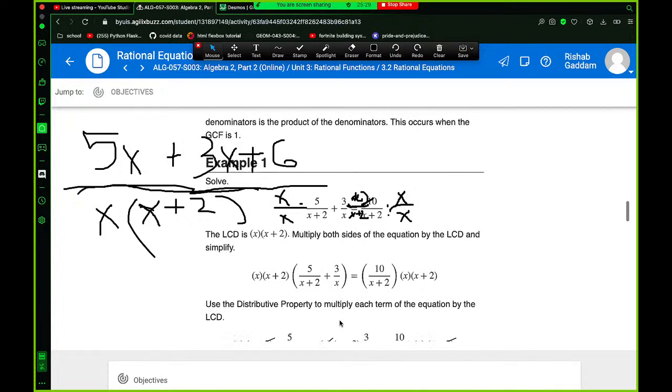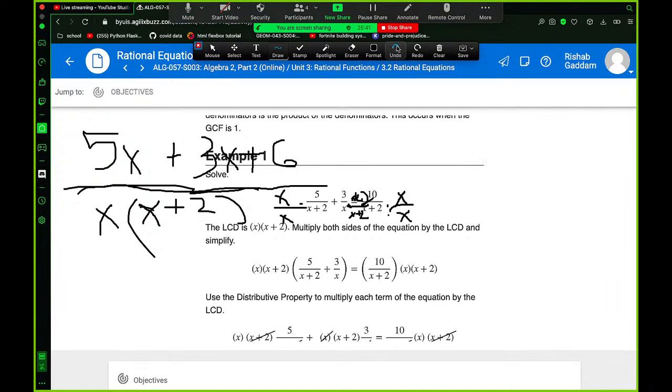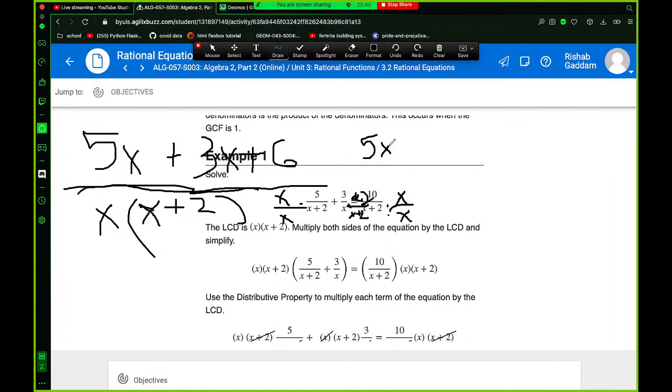So after we do that, it should give us an equation like 5x plus 3x, or 8x.